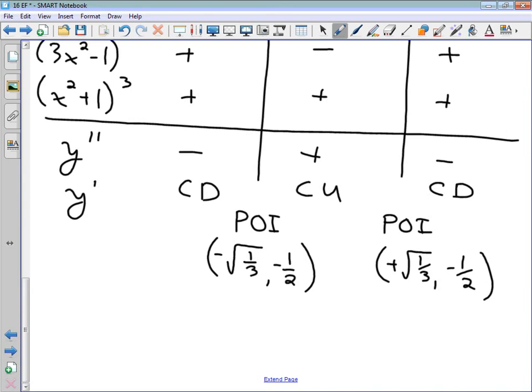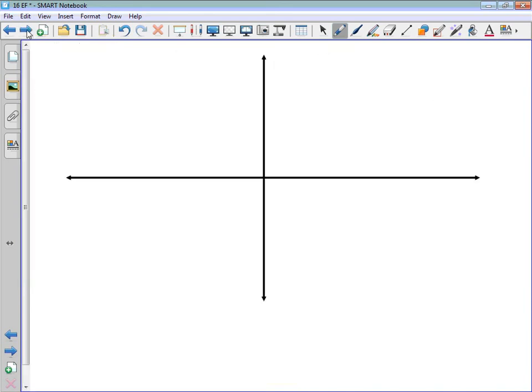Now we want to take all of this information we've got and put it together to graph our function. So we start way back at the beginning here. The first thing we figured out was our domain. Since our domain was all the real numbers, our graph is going to cover this entire x-axis.